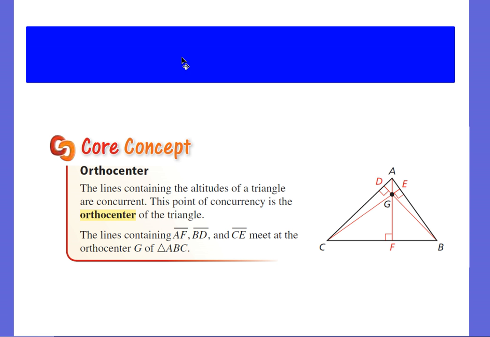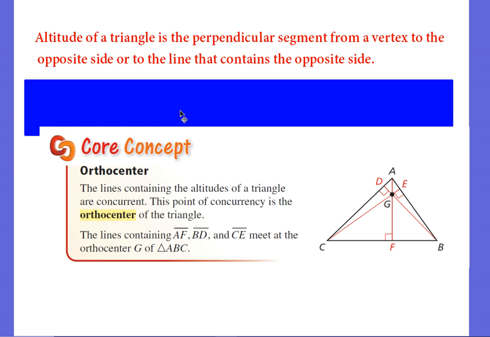Now think about it. What do you think of when you think of the word altitude? Hopefully you think of the word height, right? A lot of people think of height. You can, in a sense, think about it as the height from each of the vertices of a triangle. Specifically, the altitude of a triangle is the perpendicular segment from the vertex to the opposite side or to a line that contains the opposite side.